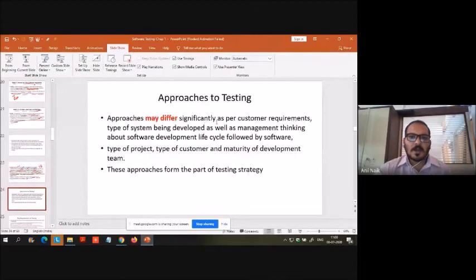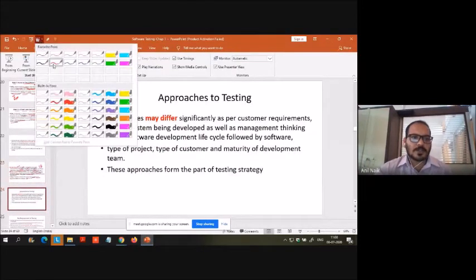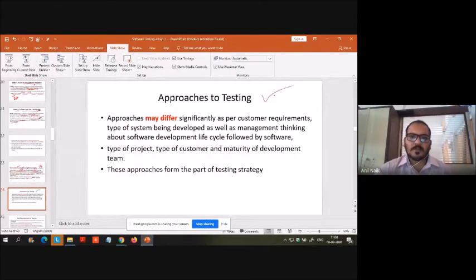Then let us discuss the approaches. What are the different approaches to testing? The approach to testing may differ significantly as per the customer requirements, the type of system being developed, as well as the management thinking about the software development lifecycle.